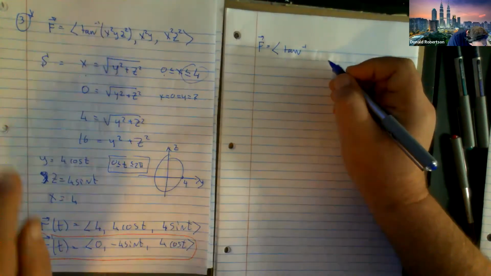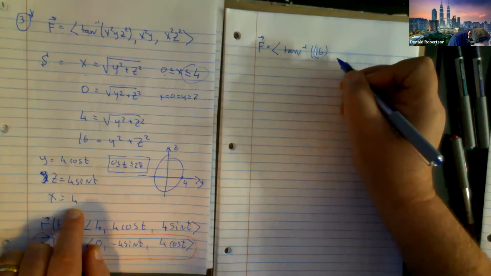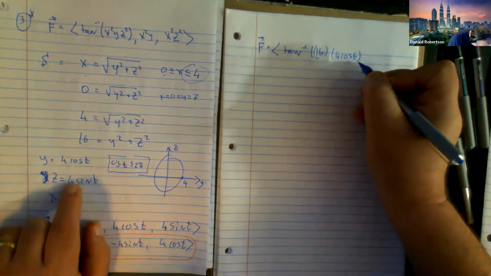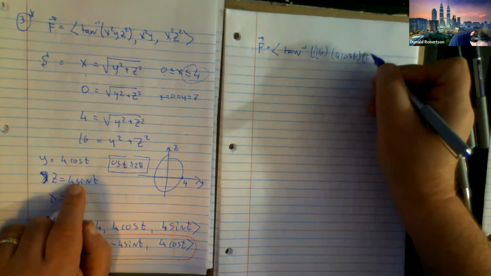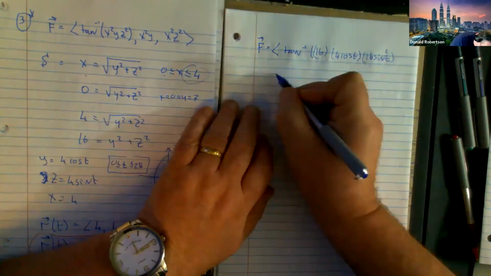So x squared is 4 squared, so that's 16. Y is going to be 4 cosine t, and z is going to be that guy squared, so that's 16 sine squared t. Okay, that's just the first one.